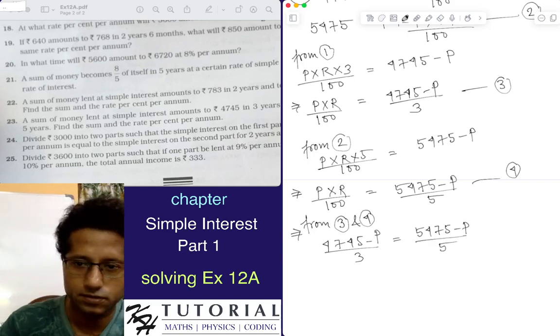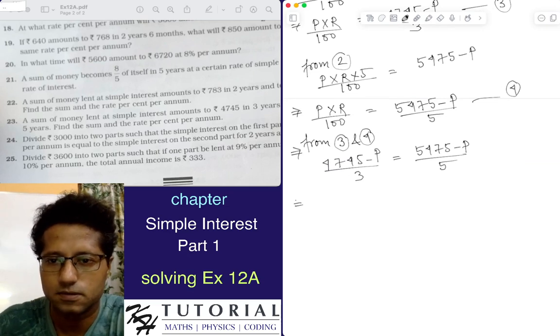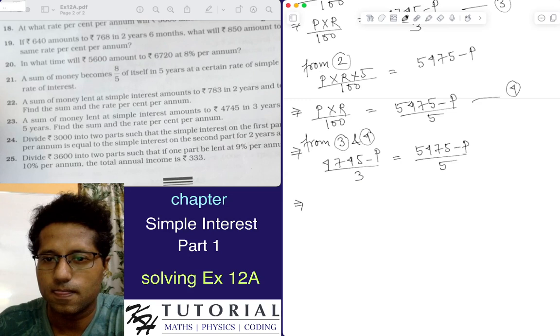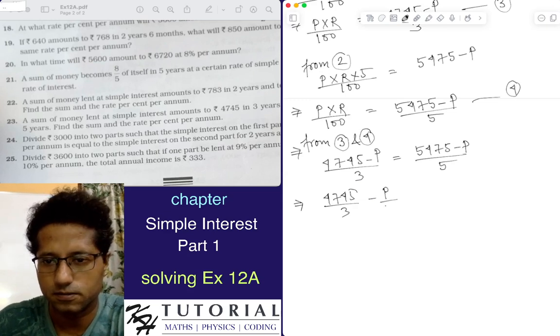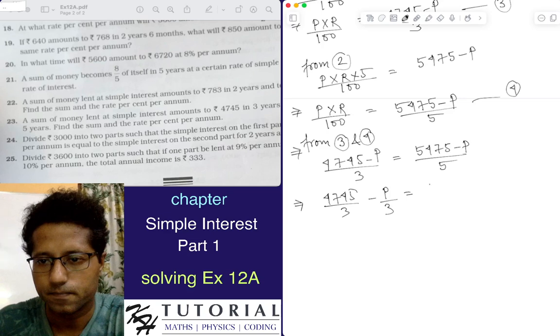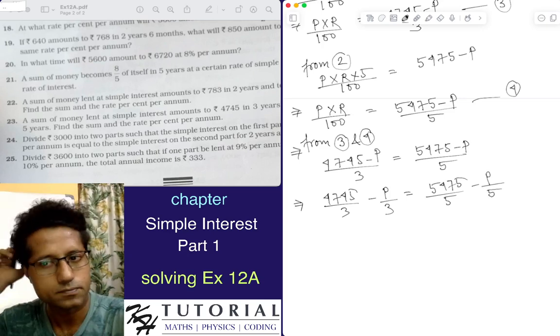Now this is a linear equation in P. We have to find P. This implies 4745 by 3 minus P by 3 is equal to 5475 by 5 minus P by 5.